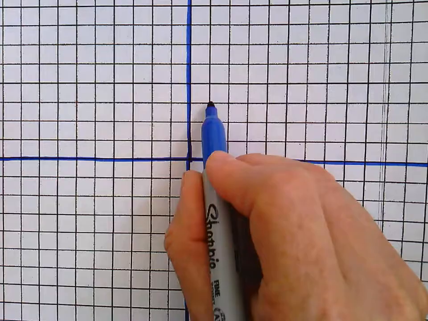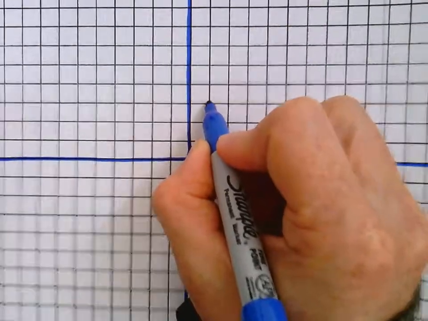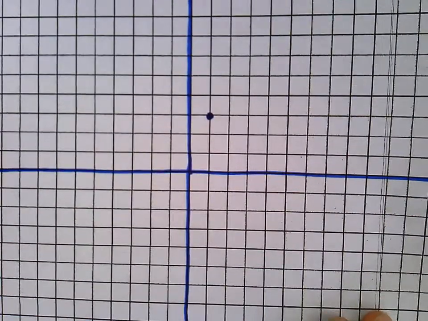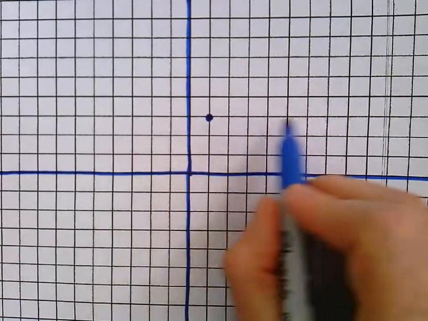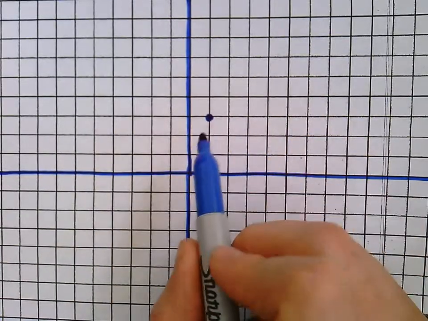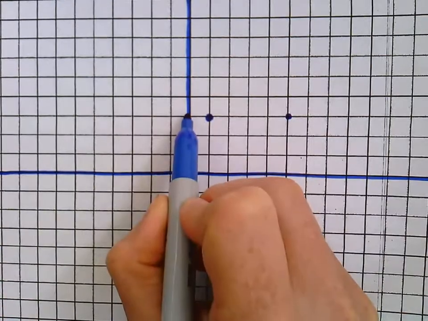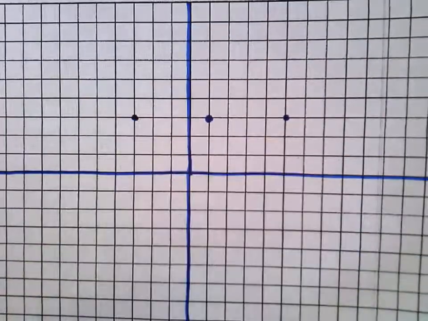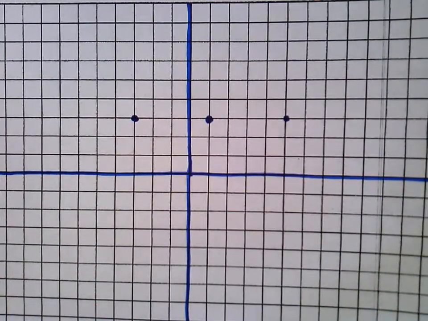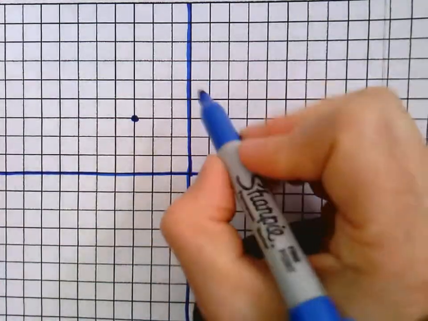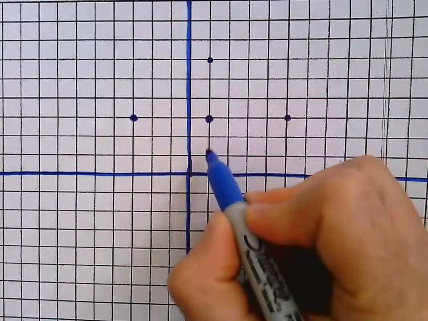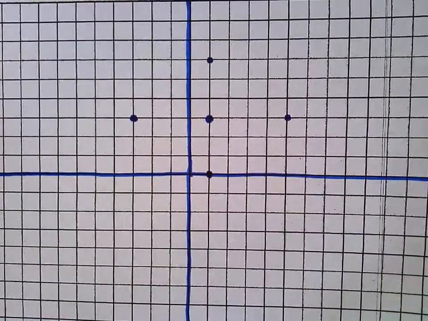So 1, 3 right there. And then I'm going to count horizontally the distance a. So that's 4. 1, 2, 3, 4. And back this way. 1, 2, 3, 4. My horizontal radius. And my vertical radius in both directions. 1, 2, 3. 1, 2, 3.